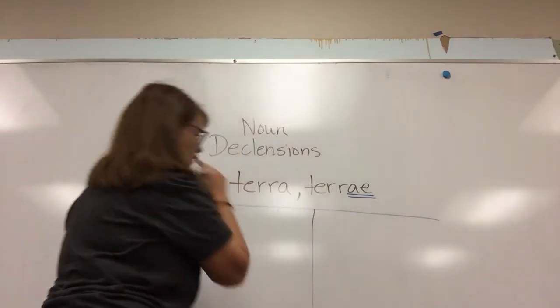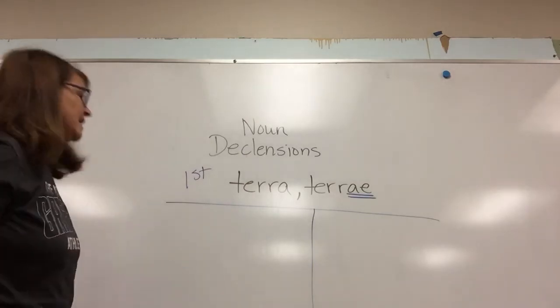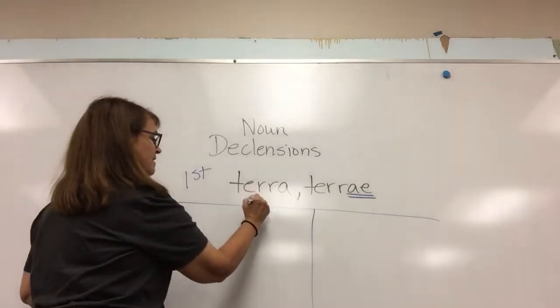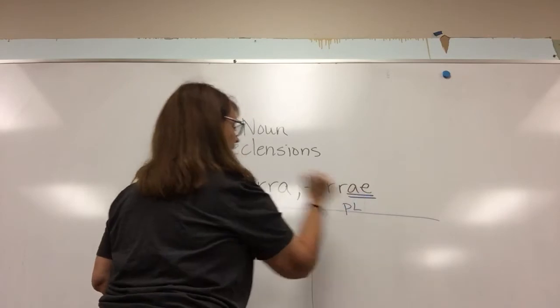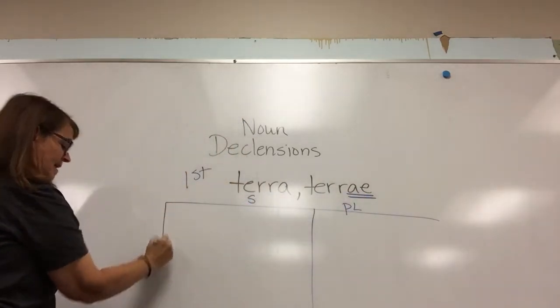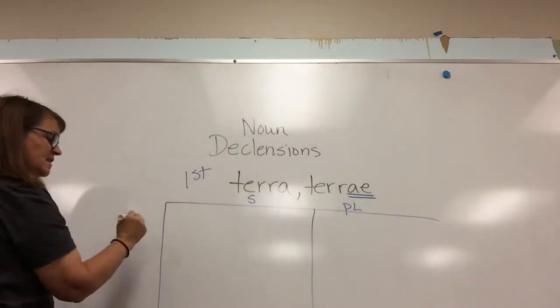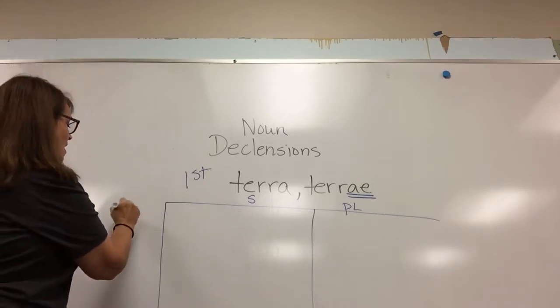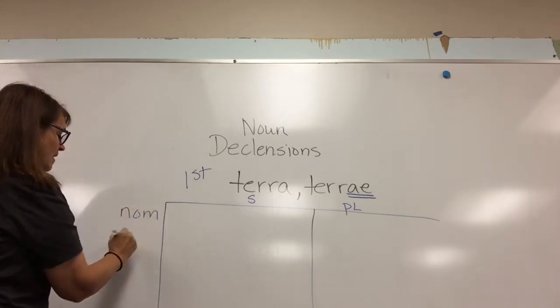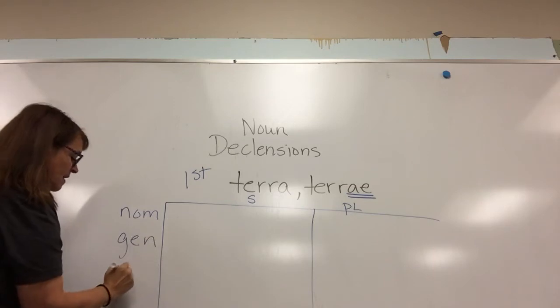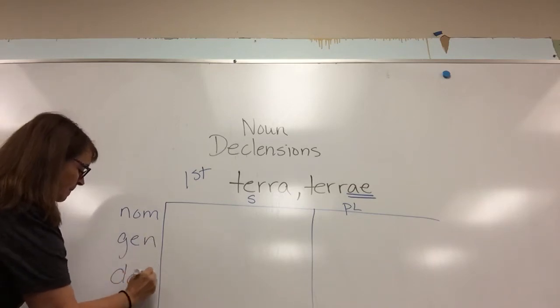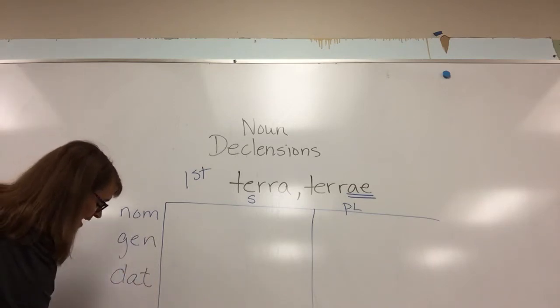Okay, so nouns have a gender, number, case, and declension. So number is singular and plural. Okay, and then the 5 cases that we're going to learn right now are the nominative, the genitive, the dative, the accusative, and the ablative.